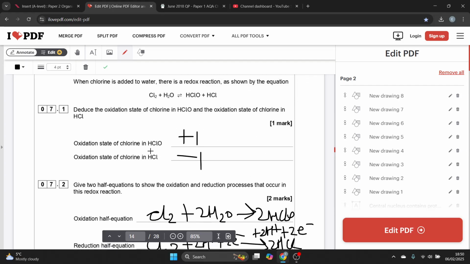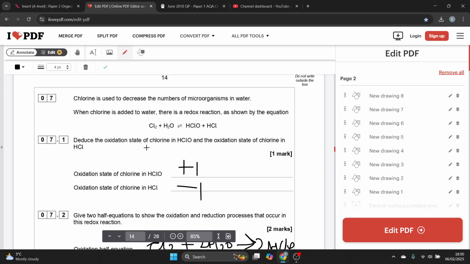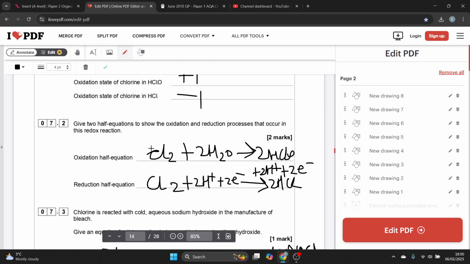And these two equations, I haven't really seen these, so I'm going to write these down if I carry on. So, oxidation: Cl2 plus 2H2O. Did I say 2H2O? Yeah, 2H2O. I wrote 2HClO plus 2H+ plus 2e minus. And then the reduction.